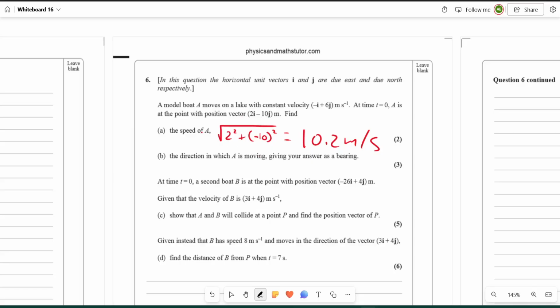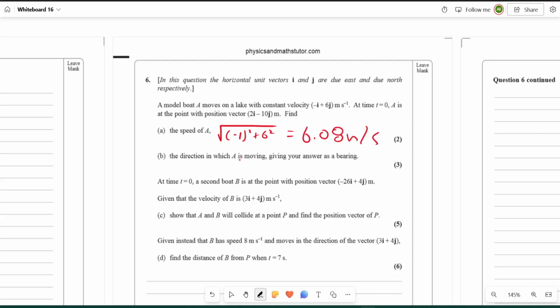No, okay, so I got the magnitude of the position vector. That is wrong, okay? What I should get is the magnitude of the velocity vector. So you need to make sure that it's the velocity vector. So minus 1 squared plus 6 squared. That is going to equal 6.08 meters per second. That is the speed.